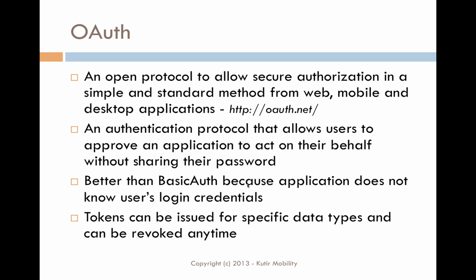Now, there are two ways of accomplishing this. I can log in using my login and password to the mobile application, which can then transfer those credentials to GitHub, and GitHub can say yes or no. But then we run into a couple of issues. One is the mobile application now knows my login ID and password, and I don't want it to have access to that.